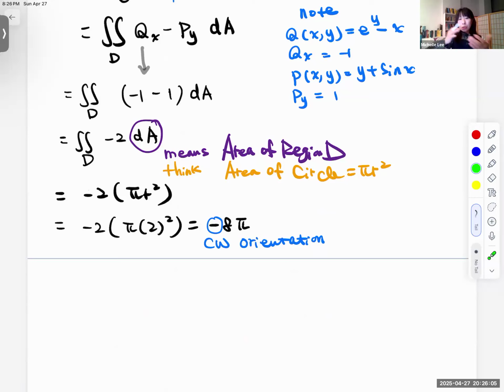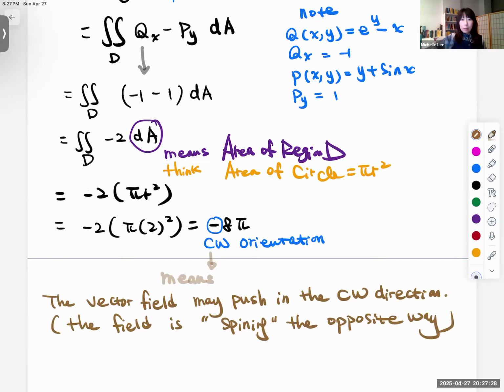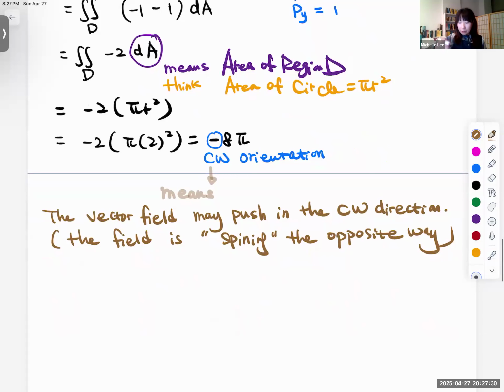So everything became a clockwise orientation. That means the vector field pushes in the clockwise direction. So let me write down: the vector field may push in the clockwise direction, or we might think the field is spinning the opposite way.